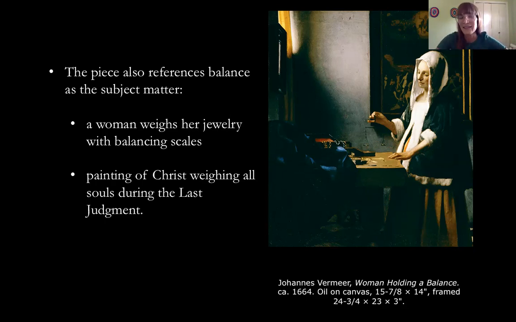And so the idea is that she perhaps might be weighing her jewelry, not trying to get too attached to earthly objects like her jewelry, like these fine objects, because of course the reminder behind her in the painting is that none of this will be necessary, none of this will be useful when she is ultimately weighed by Christ on Judgment Day.